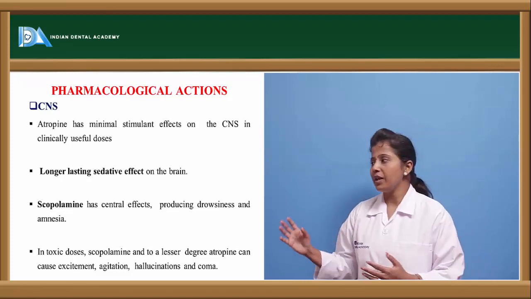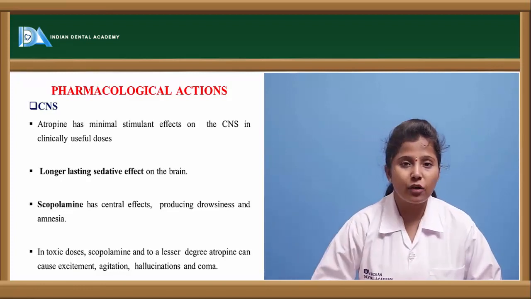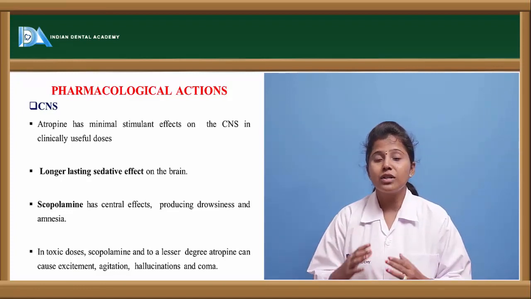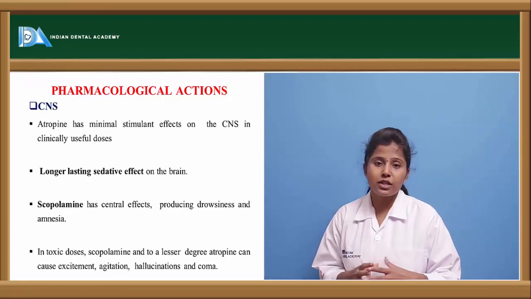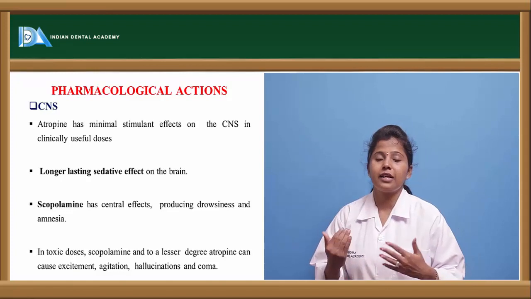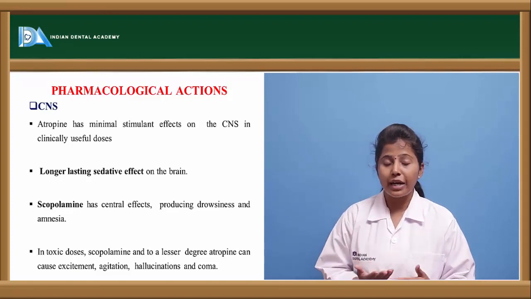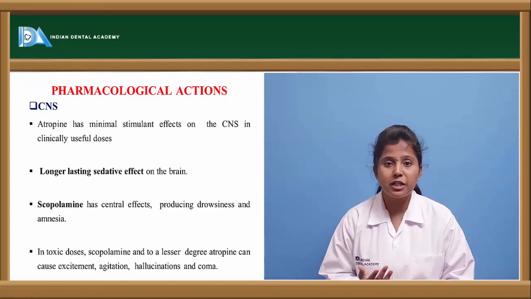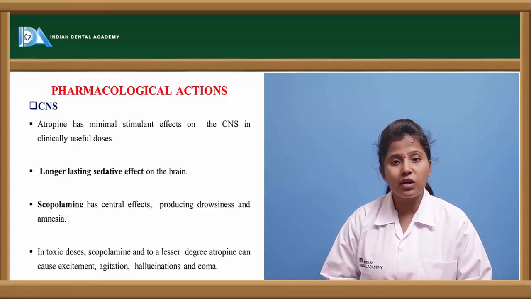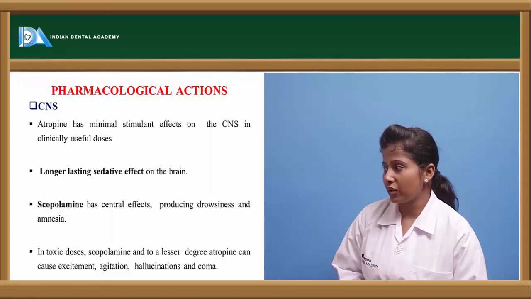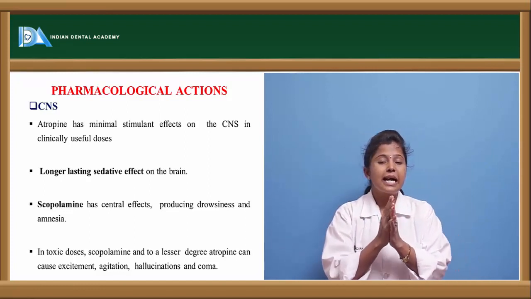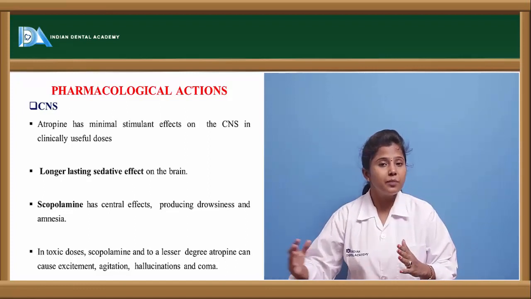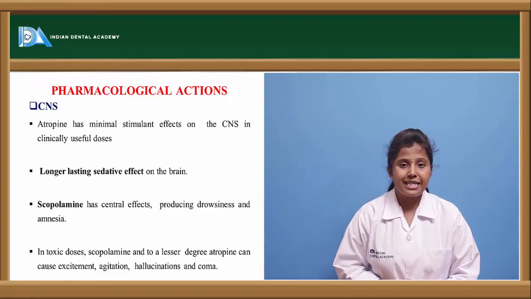Atropine shows a stimulant effect on the CNS. We saw that it shows an excitatory effect: at low doses it causes mild excitation, and at higher doses it causes strong excitation. Excitation is nothing but a stimulant effect. Other drugs also show a stimulant effect on the CNS, but if the action of these antimuscarinic drugs lasts for a longer period of time, it may cause sedation.